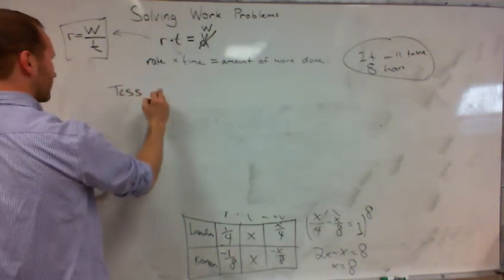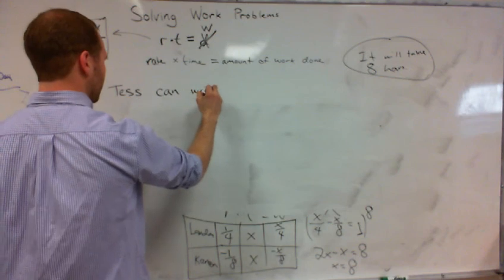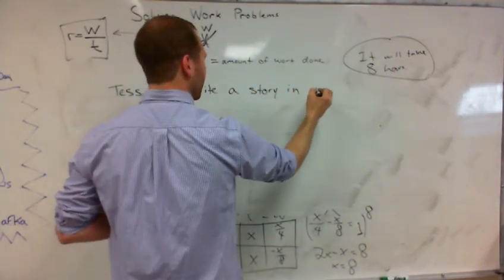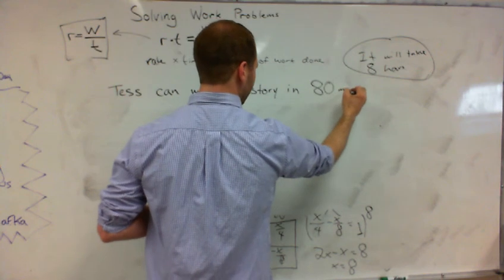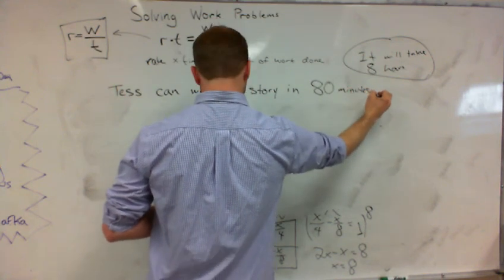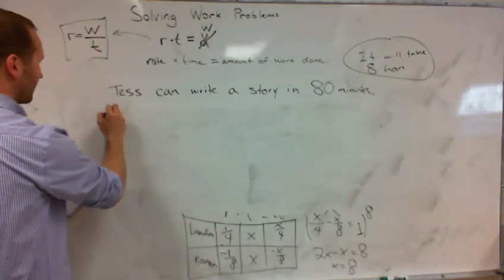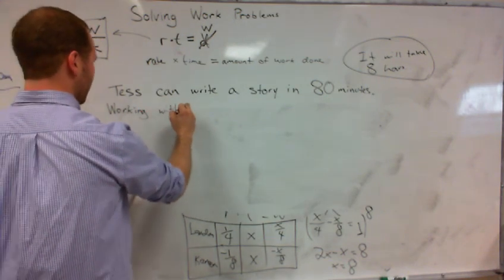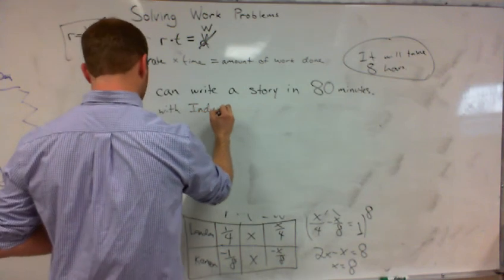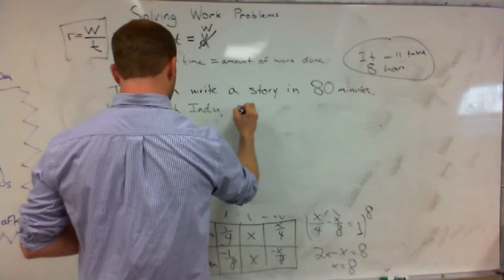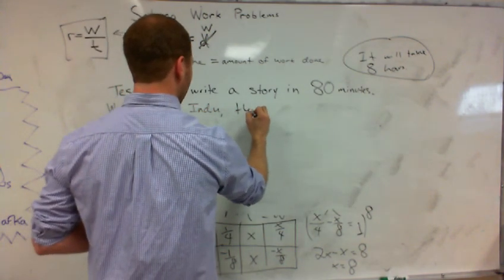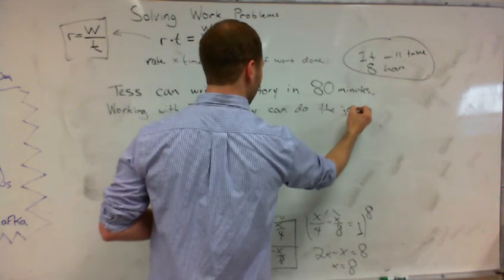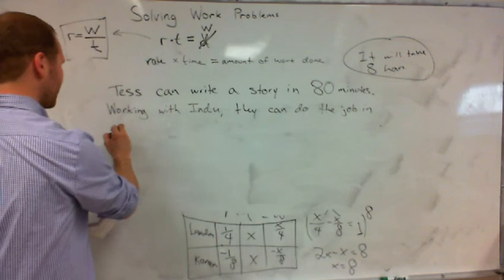Tess can write a story in 80 minutes. An hour and 20 minutes. Tess, go. Working with Indu, they can do the job in 30 minutes.